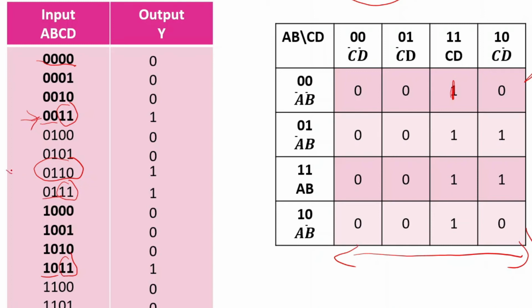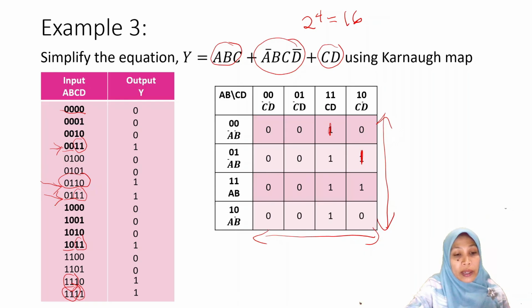Next is input 0110. 0110 is here, so we map value 1 into the cell. And then next input is 0111. 0111 is here, so we map the cell equal to 1.